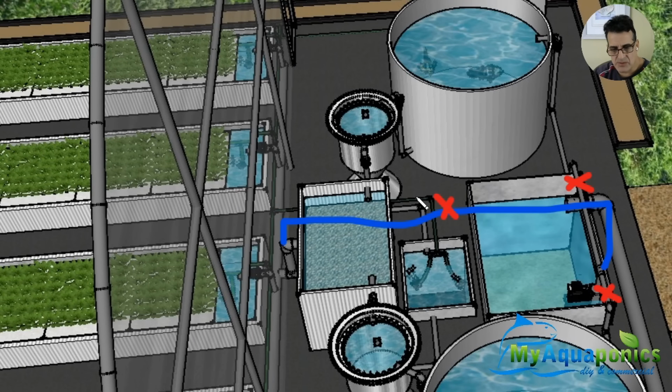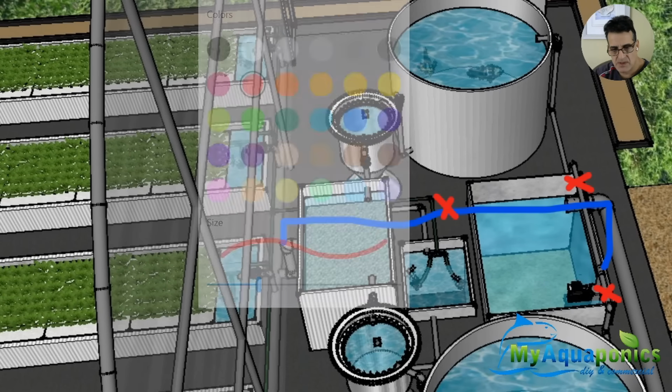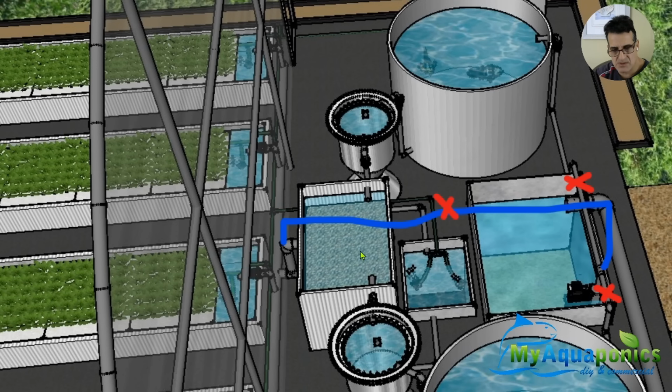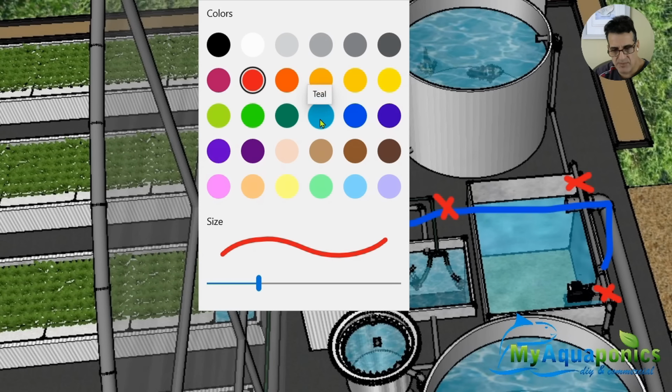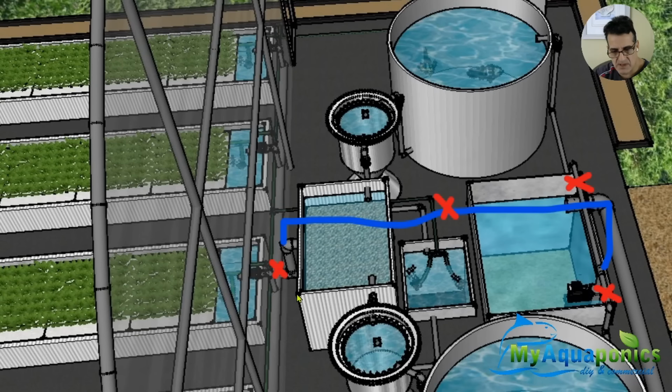If you wanted to run this as an aquaculture system, for example, if you didn't have any seedlings and you didn't have plants, you just wanted to run it as an aquaculture system, what you would then do is you could put a valve there to shut this off, and then you add a pipe, different color here, from there back into a sump.